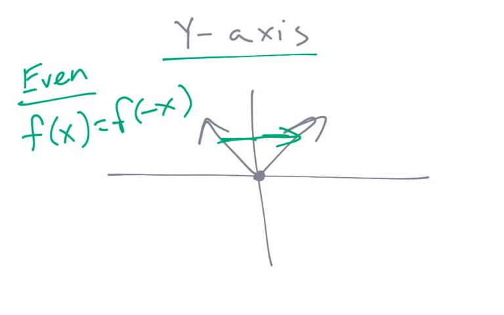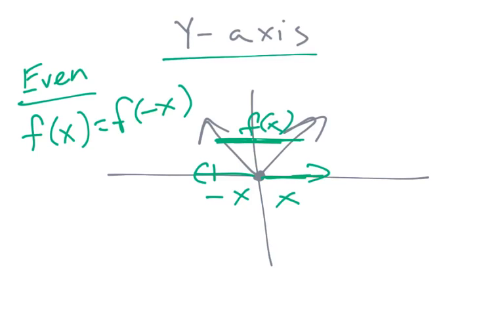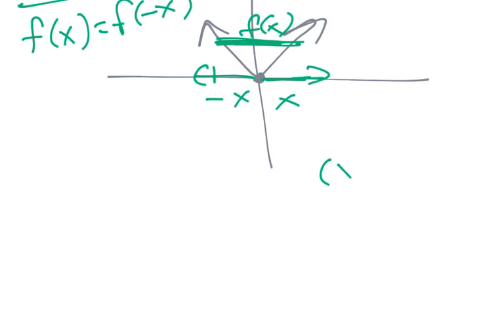So whatever I go to the right or to the left, so whether x or negative x, the f of x value, the y value, is the same. So with points, that would mean if I give you x comma y, if I make x negative, y is still the same.